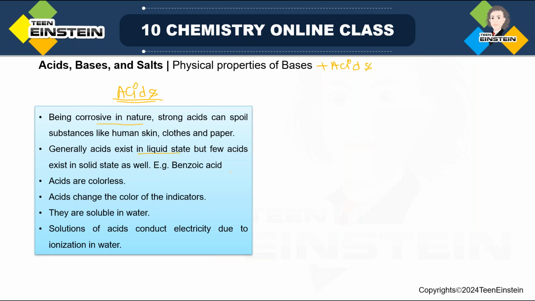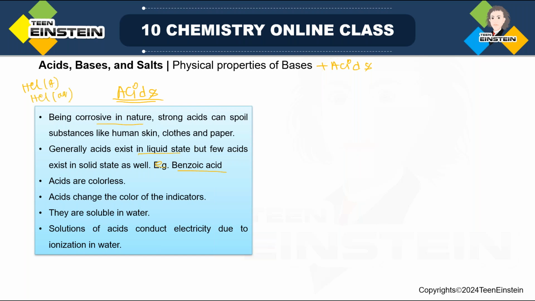Generally, they exist in liquid state, but a few acids can exist in solid state. And most of the time, the examples of solid acid that you will see are from organic types of acids. Inorganic acids are mostly in liquid form. Now, if you are thinking that for HCl, sometimes the physical state is written as G, sometimes as aqueous.